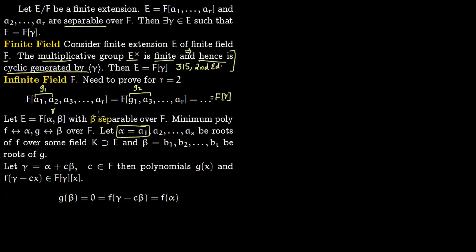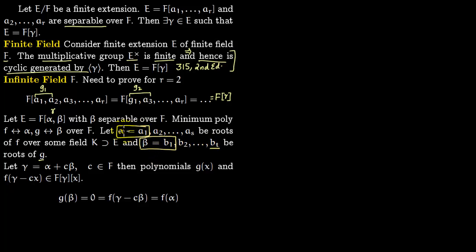Beta is already separable, so we are not talking about any extra field for beta. You set beta equal to b1, and then b1, b2, b3, b4, all the way to bt are the roots of g. So beta is one of the roots, there are a total of t roots, and b1 is beta.